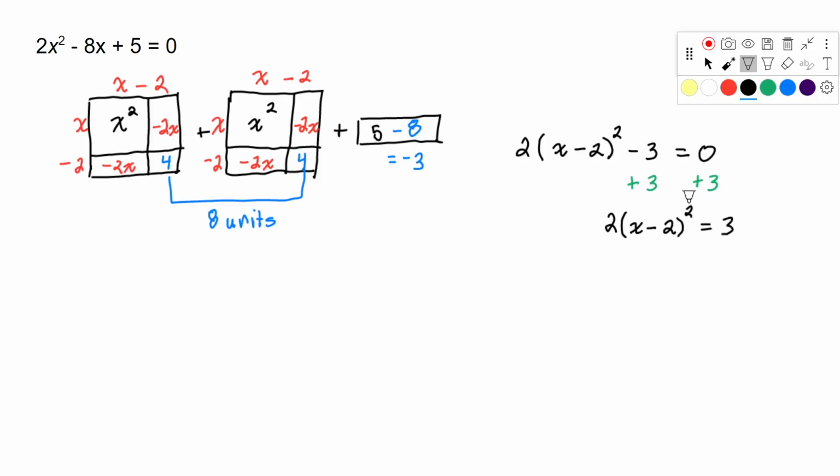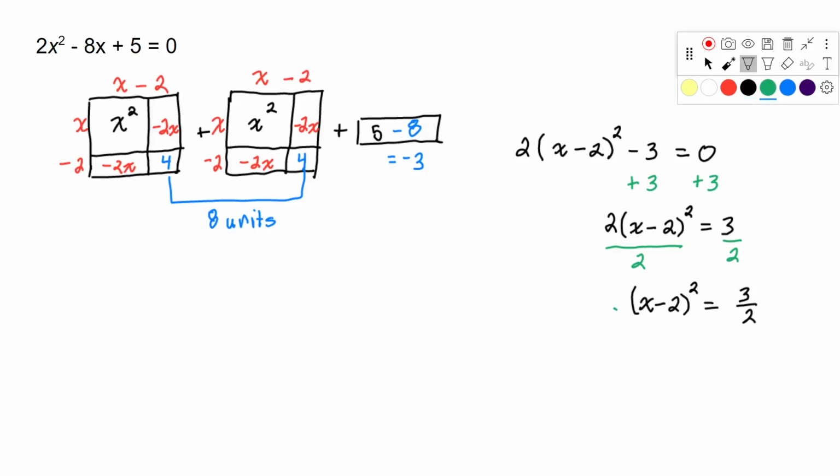Now before I undo the squared, I actually have to undo the 2 times. Notice I said 2 times. If I'm undoing something that's being multiplied, I divide. So now I have x minus 2 squared equals 3 over 2, or 3 divided by 2, or 3 halves.